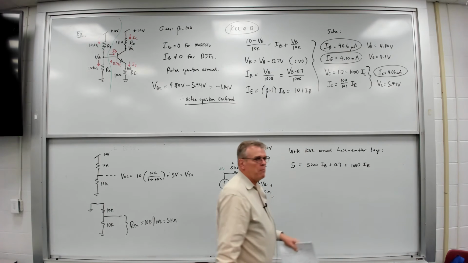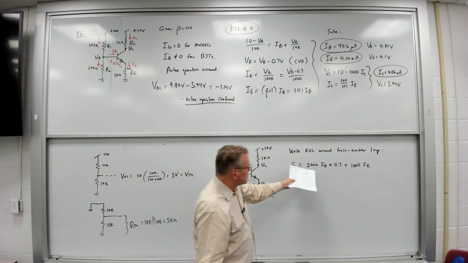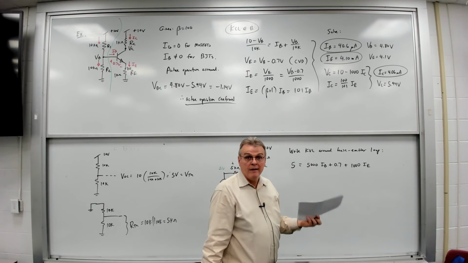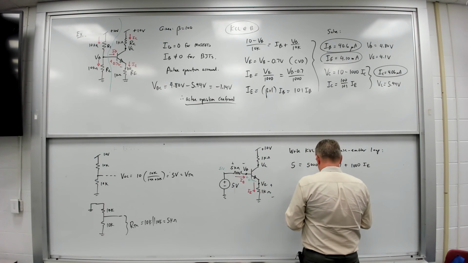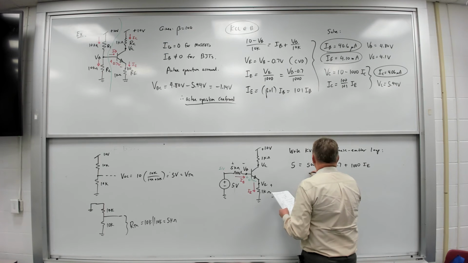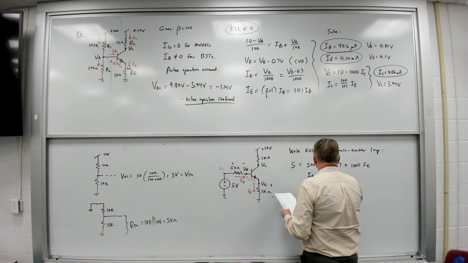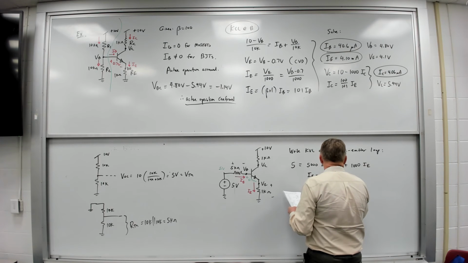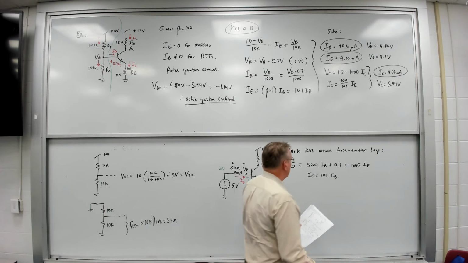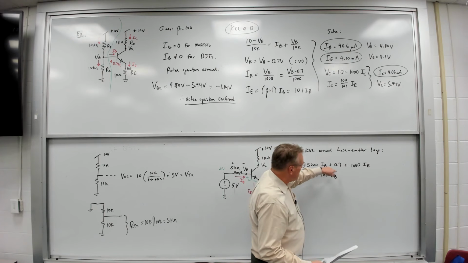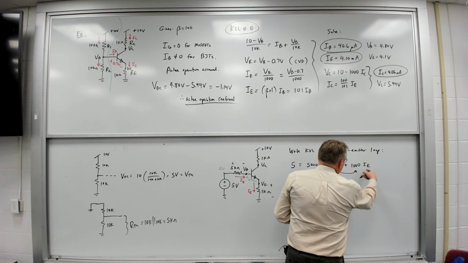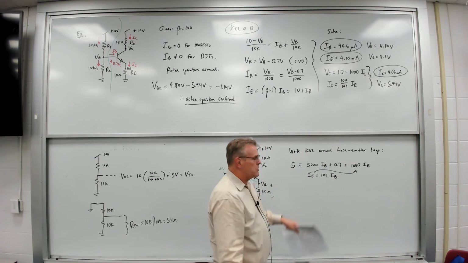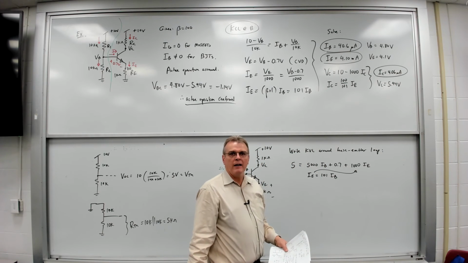I just wrote that simple KVL equation, and it's strictly in terms of IB and IE. Now, since I know that IE is equal to 101 times IB, I can substitute into that term, and now I can solve for IB and then also for IE.